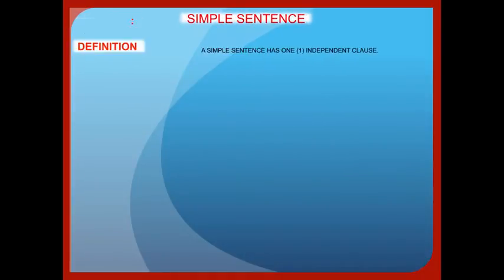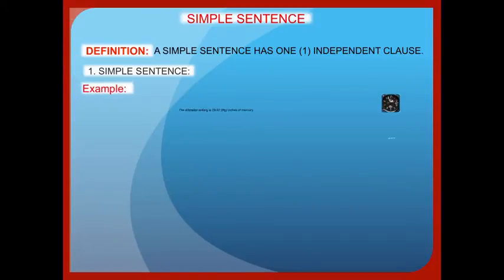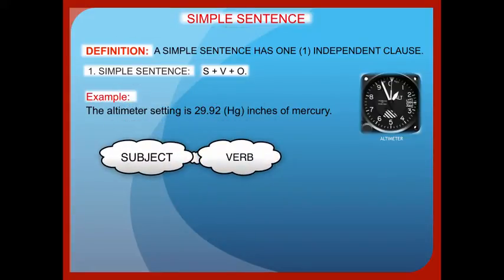A simple sentence has one independent clause. For an example, the altimeter setting is 29.9 inches of mercury. Most simple sentences have a subject plus a verb plus an object, but a simple sentence could simply be a subject and a verb, like the sentence, the altimeter works.